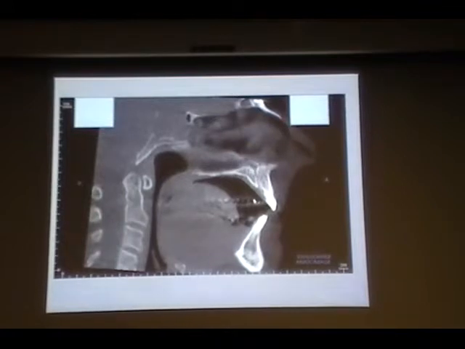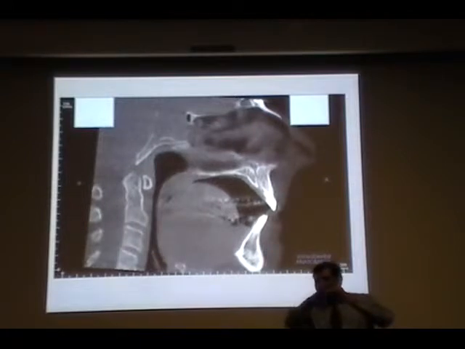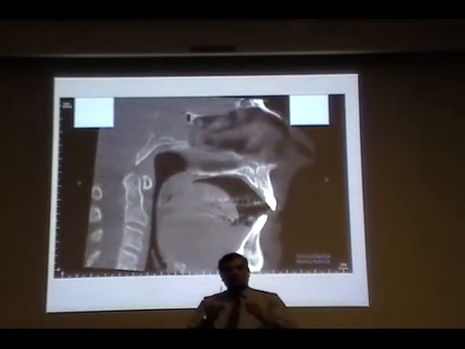What about the posterior teeth? They are not captured in the slices, because the arch is like this, right? And you're chopping here at the center. Imagine this is your arch.